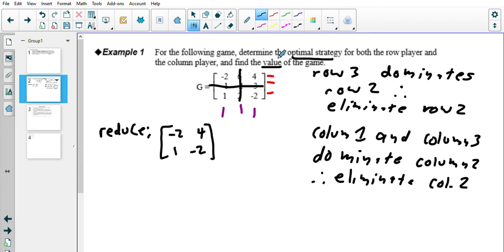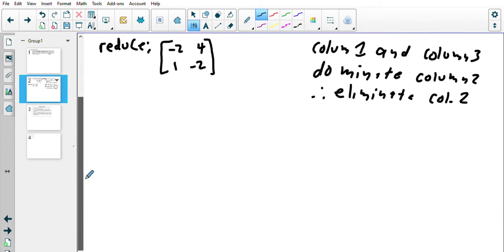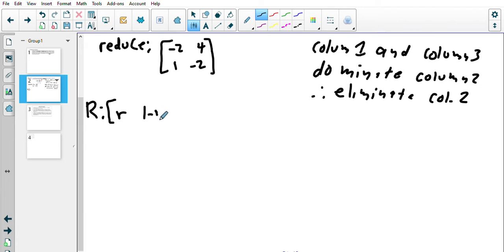So now in order to determine the optimal strategy and the value, we're ready to just use the techniques that we're very good at after practicing them so much in section 2, right? We're going to start with an arbitrary row strategy, R, 1 minus R, and see how that does against both columns.